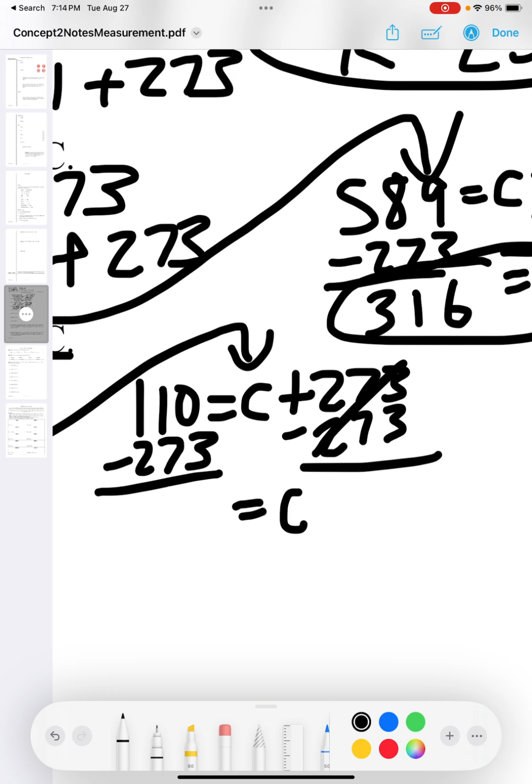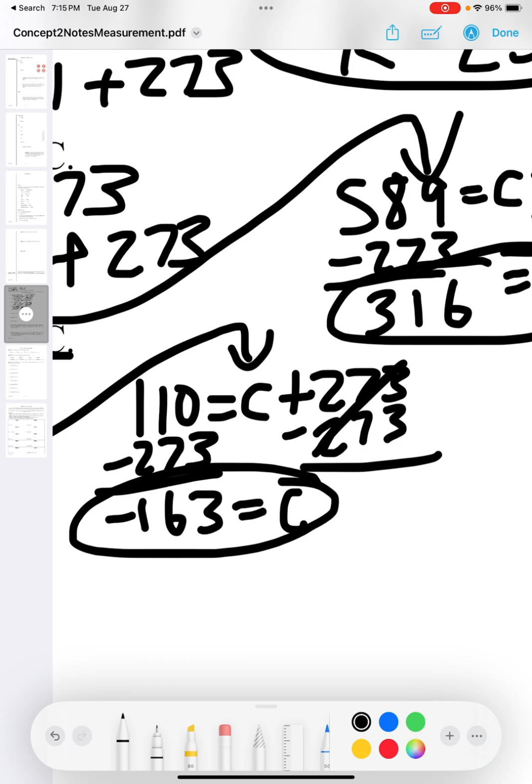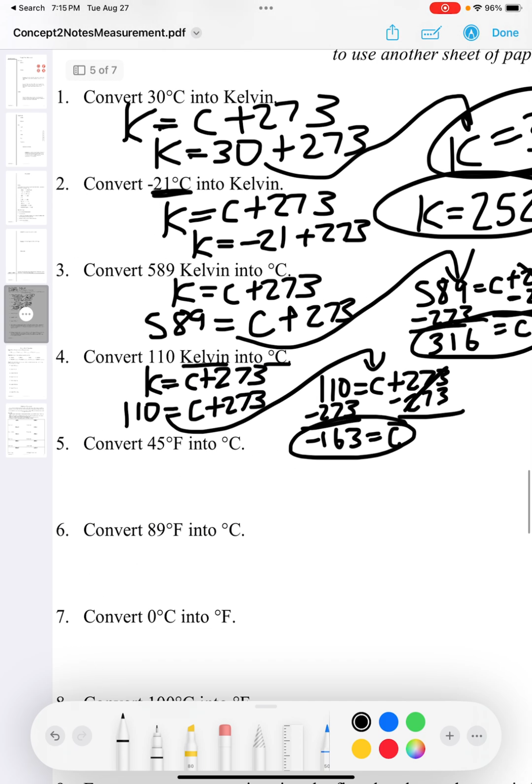And then you just have to subtract 110 minus 273, and you can type that into your calculator, or you can subtract it by hand. That's going to give you negative 163 degrees Celsius. Okay, so 110 degrees Kelvin is the same as negative 163 degrees Celsius.